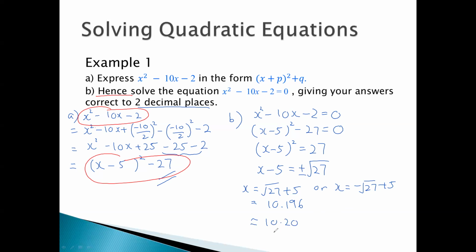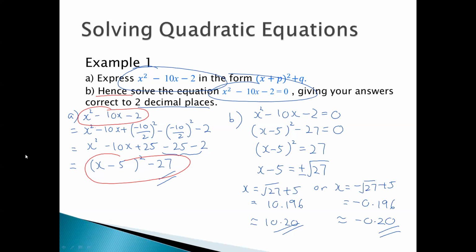Okay, or minus square root 27 plus 5, minus 0.196, and round up to minus 0.20. And there you go, I solved it. You should actually use a calculator, the quadratic function mode, to check your answers, because you are effectively still solving a quadratic equation. All right, so if you key it in, you should get this answer.